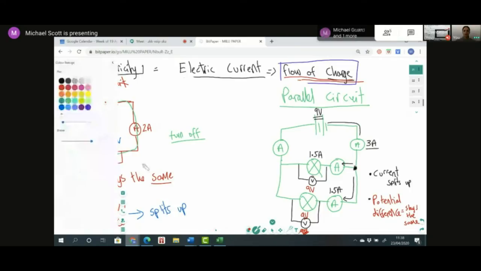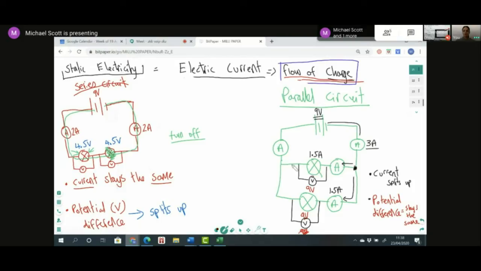Just a final scenario here. Just how we said in our series circuit before, if one of the light bulbs broke, it would cause the other light bulb to turn off. Well, can you predict what would happen if this light bulb broke?